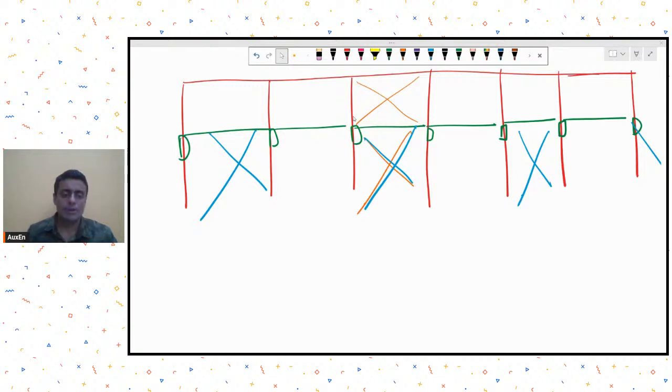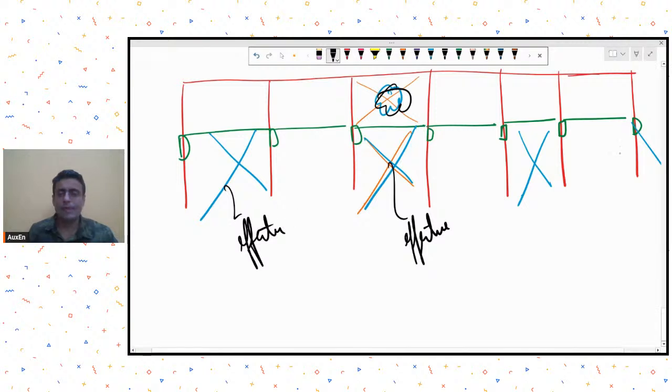But the effectiveness of this blue colored bracing will be more than the bracing you provide at the top. This bracing is more effective, so provide one at the start and the end point, and distribute the others along the length of the shed, maybe after every one or two spans.